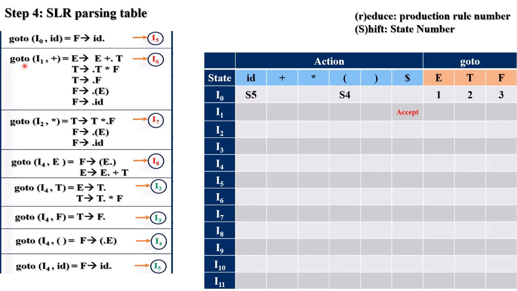So next one is go to I1 plus. What we get? I6. So we have to write here S6. Similarly for I2 star, what we get? I7. So we have to write here S7.